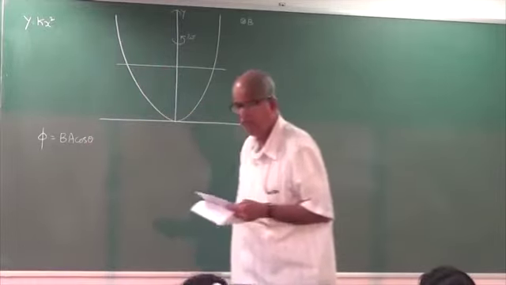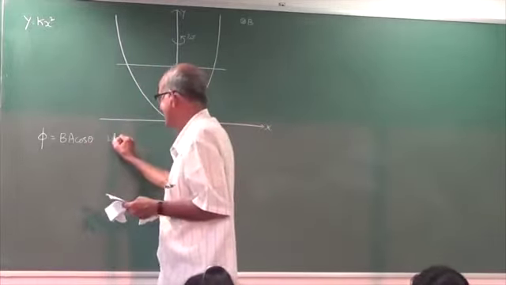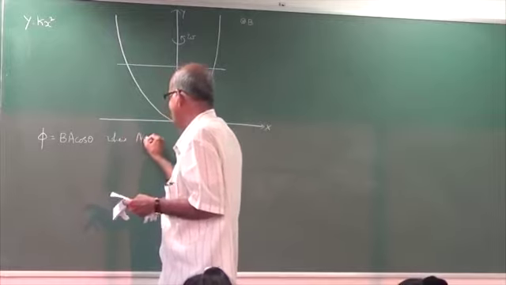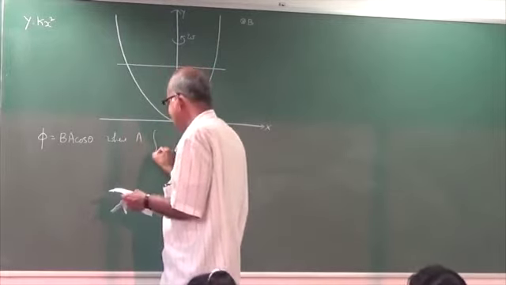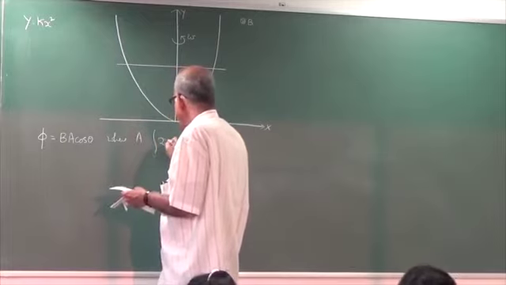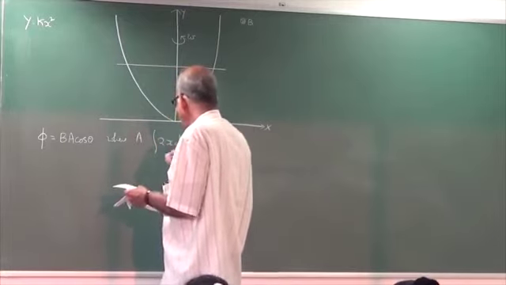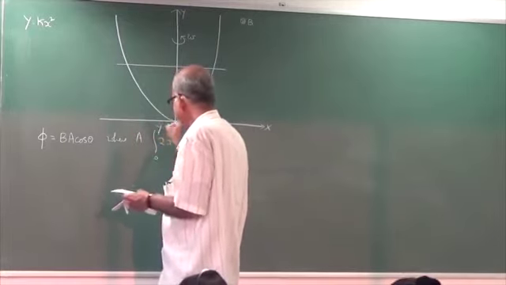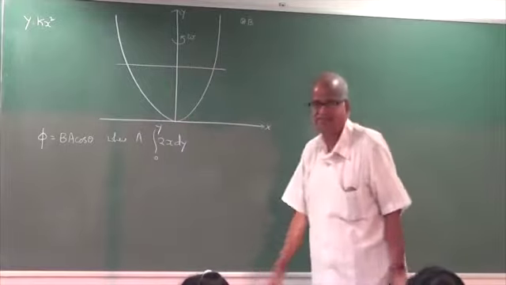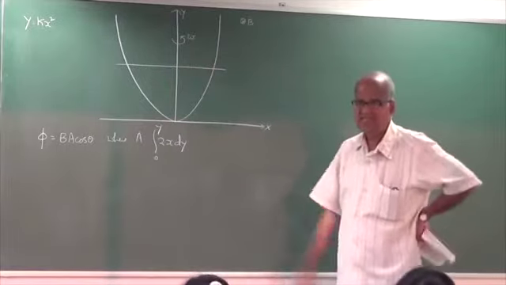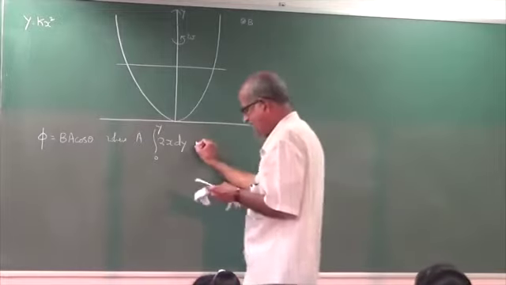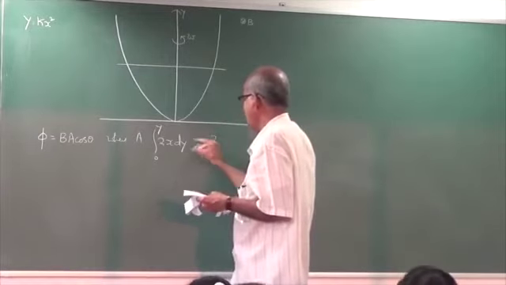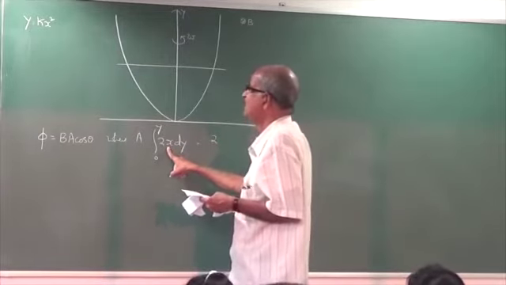Okay. What is that A? Area swept by that. How much is that? It's really 2x dy from 0 to y. Will you agree? Twice x dy. This you can write as 2 into, what is x?